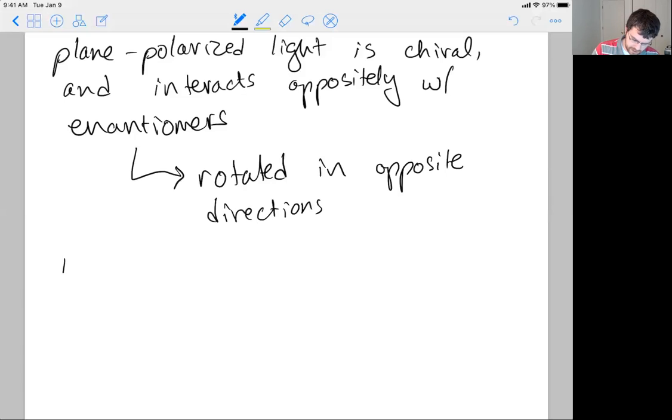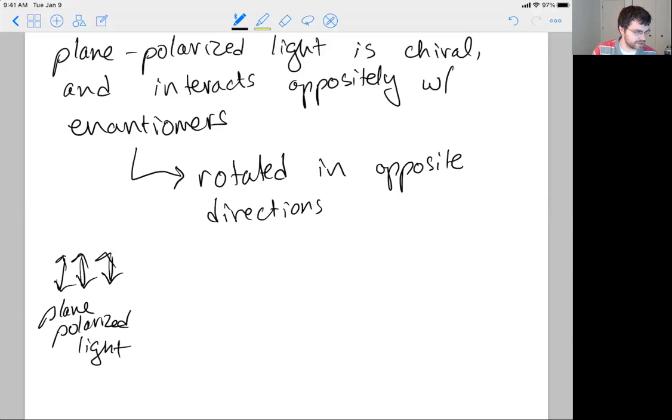Let's say we take plane polarized light. We had our initial light source, and then we passed it by a filter. Now we have light that's pointing straight up and straight down. I'm going to pass this through a sample chamber that has this molecule.